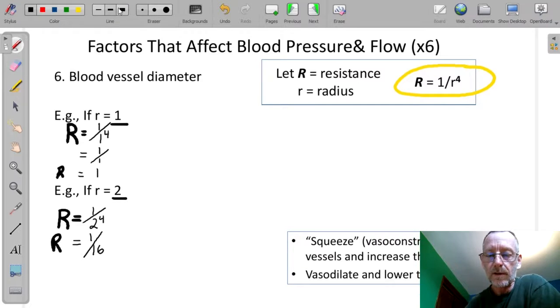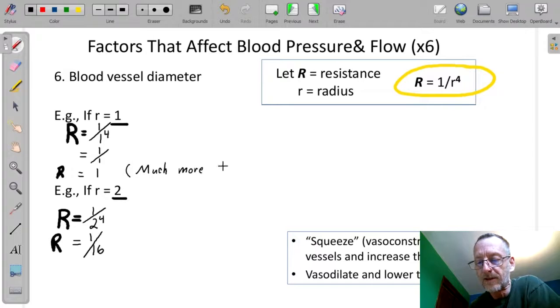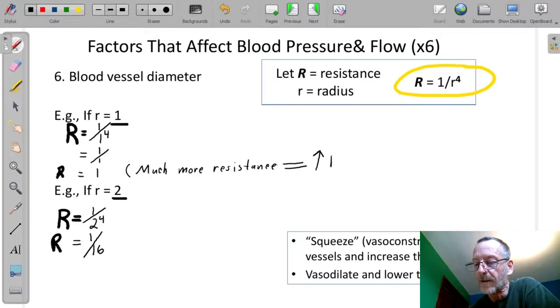So let's say these two examples relative to each other, this one has much more resistance. It's vasoconstricted. And that translates into increased blood pressure.